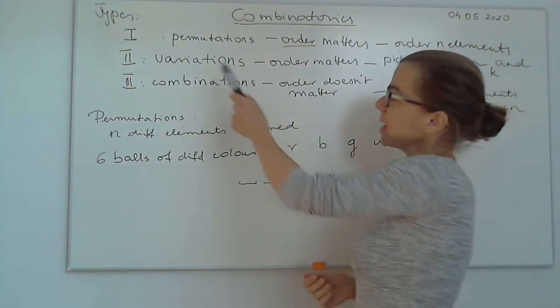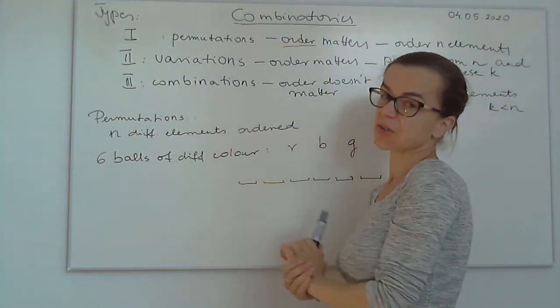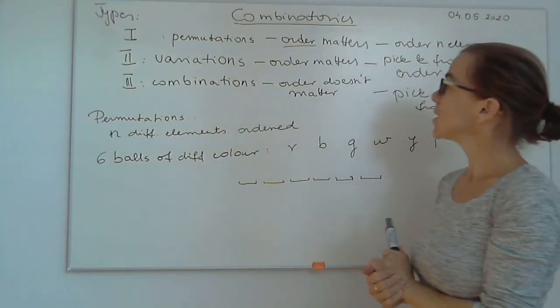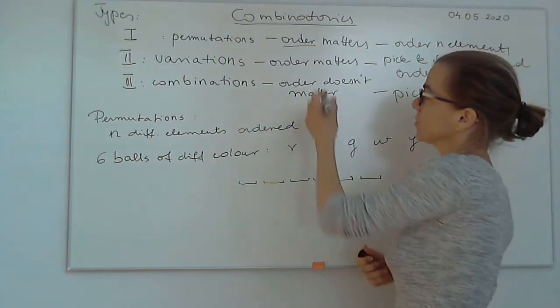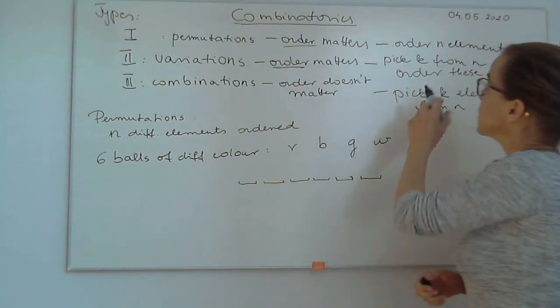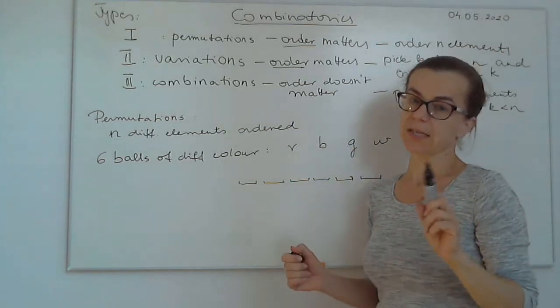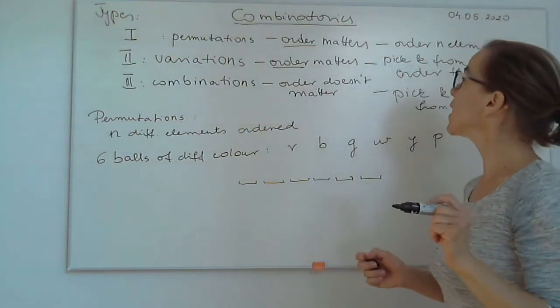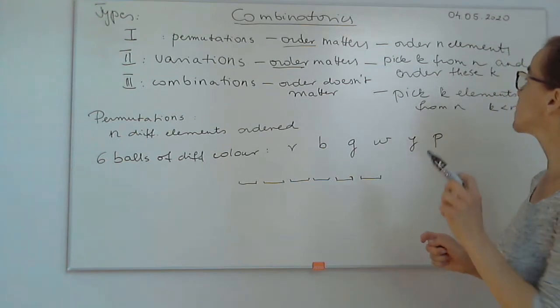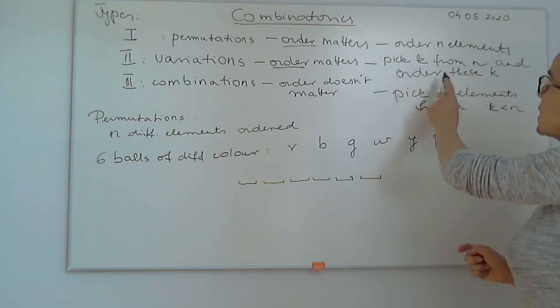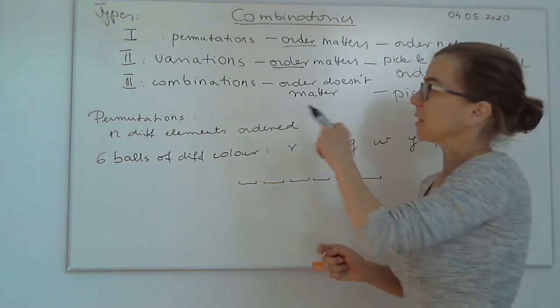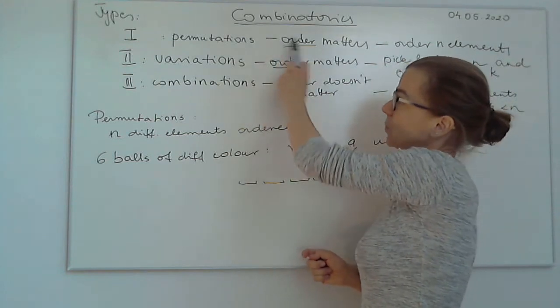The second type is going to be variations, which will come a bit later. Also, the order matters here, but in this case you have 2 numbers given, k and n. So let's say 3 out of n equals 5 elements. You have to pick them and then order them. So that's again going to be ordering.